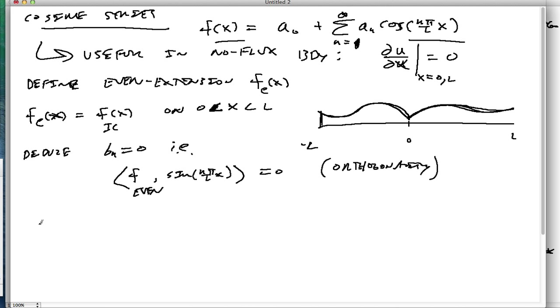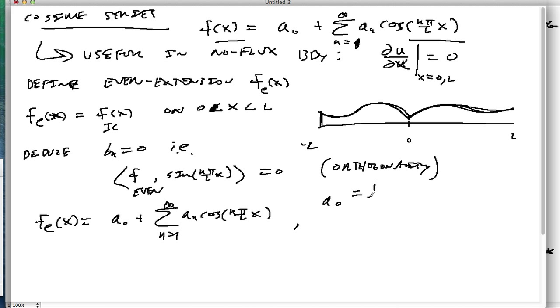In which case, we can conclude that Fe of x is equal to a0 plus the sum from n equals 1 to infinity of an cosine n pi over L x, and a0 we can write simply as 1 over L times the integral from 0 to L of f of x dx.